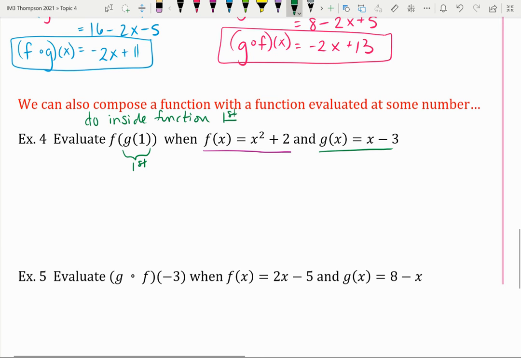Okay, so I'm going to evaluate g at 1. So g of x is equal to x minus 3, and I'm going to plug in g of 1.